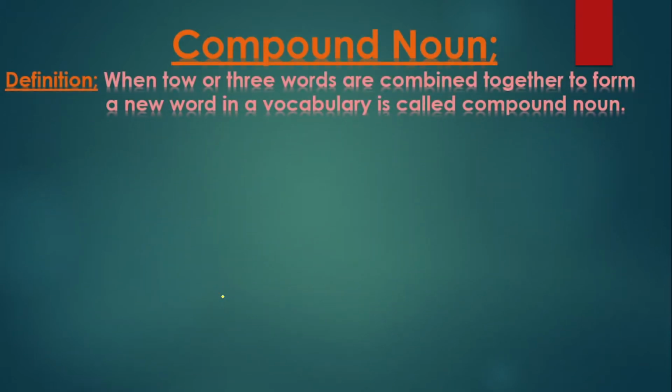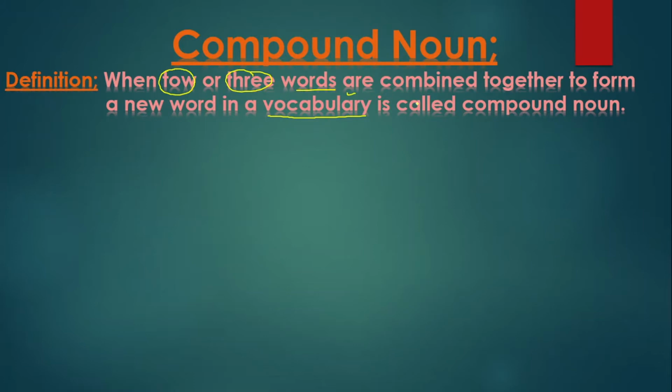Definition of compound noun: when two or three words are combined together to form a new word in a vocabulary is called compound noun. See, when you combine two or three words to form a new word in a vocabulary, keep in your mind it is vocabulary, and its plural is also vocabulary, not vocabularies.